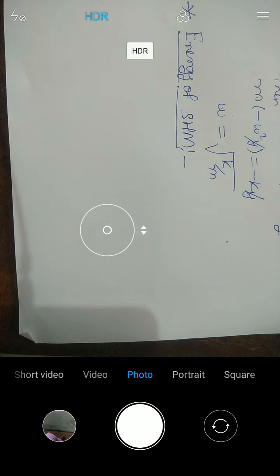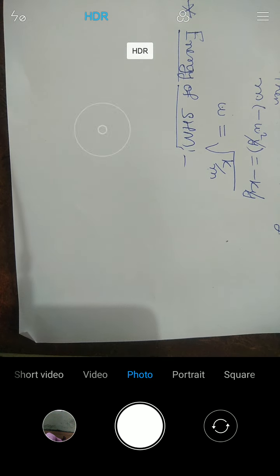A particle executing SHM has kinetic energy due to its motion and potential energy due to its restoring force. Both energies vary between the limits of 0 and maximum.